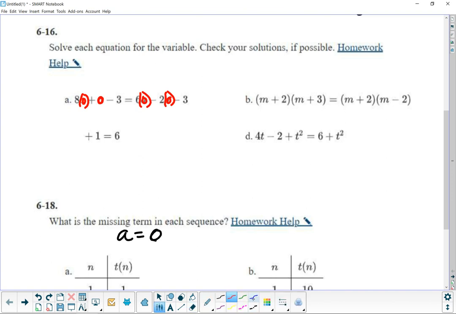Let's see. 0 times 8 makes 0, plus 0 is still 0. 0 take away 3 is negative 3. Then on my right-hand side, I get 6 times 0, that's 0. Minus 2 times 0, that's 0. And 0 take away 3 is also negative 3. And in the middle is the equal. So this works out because negative 3 is the same as negative 3. So this checks out.